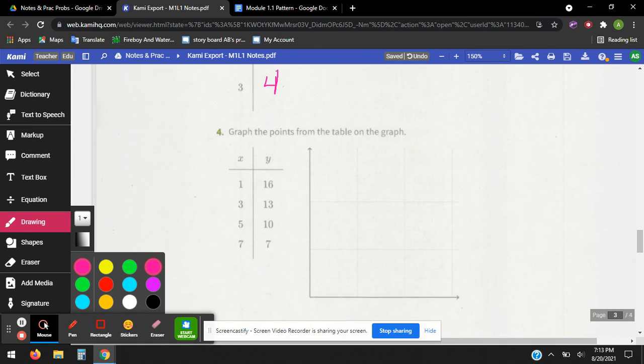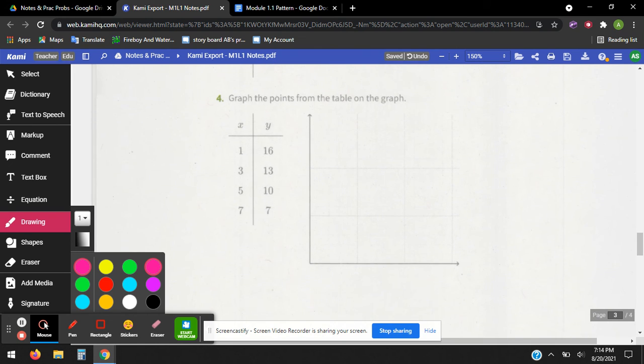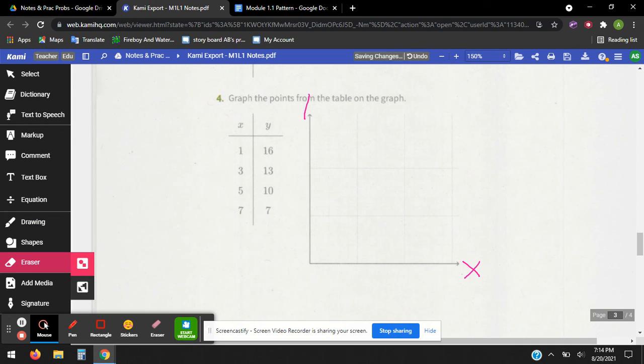All right, next, graph the points from the table on the graph. Now remember, this is your x. This is your, well, now that looks like an x too, doesn't it? This is your y. So how do I want to do this? I have 1, 2, 3 marks. I need to get up to at least 16.